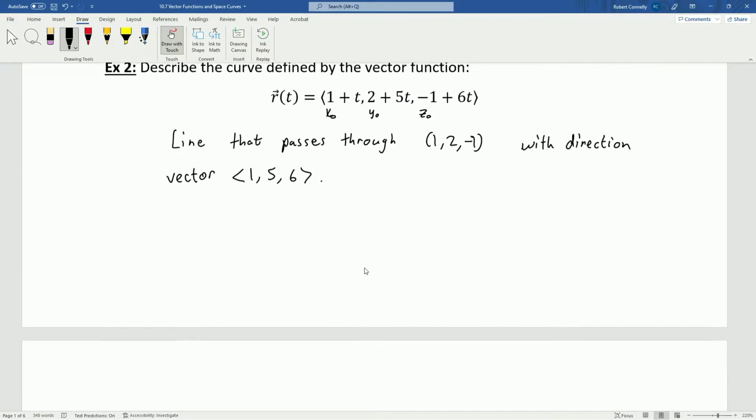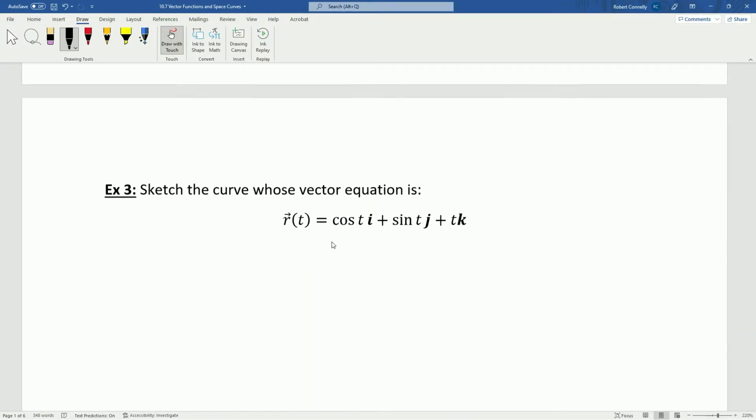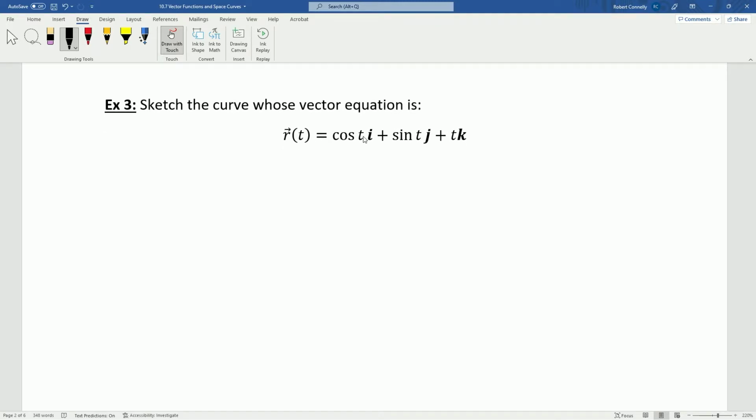Now let's go ahead and move on to another example. So here we're going to sketch a curve whose vector equation is given by cosine of t i plus sine of t j plus t k. Now, this one's a little bit challenging because we can't really realistically plot all the points of a vector equation, right?